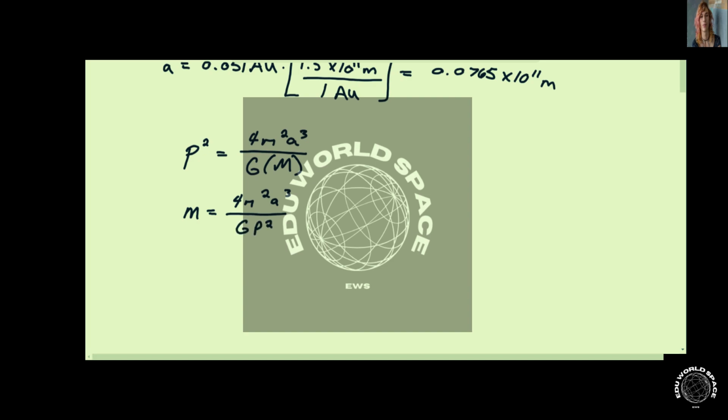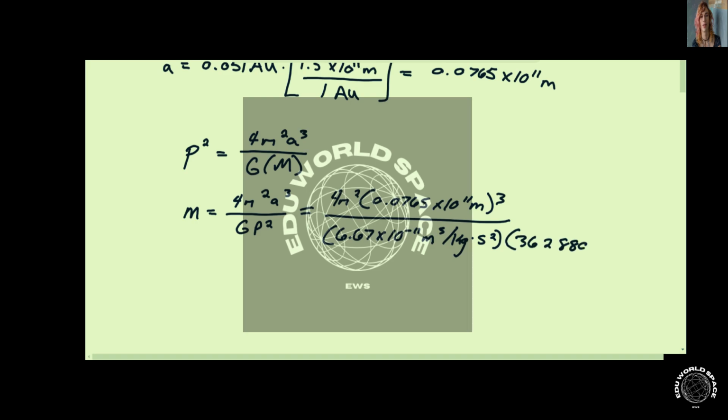There we go. And then here you're just going to plug and chug what you already have. So you have 4 pi squared times 7.65 times 10 to the 9 meters cubed, over the gravitational constant, 6.67 times 10 to the negative 11 meters cubed per kilogram seconds squared, and then we have our seconds squared.